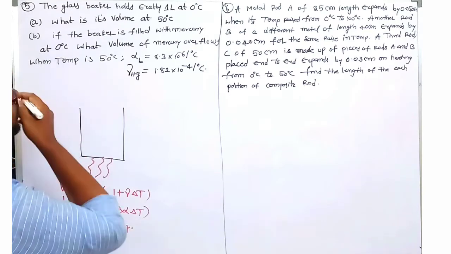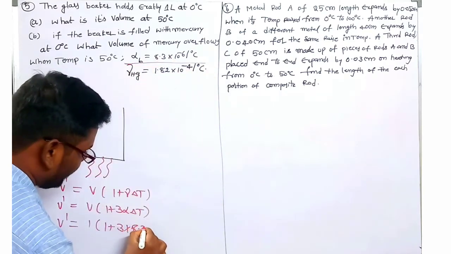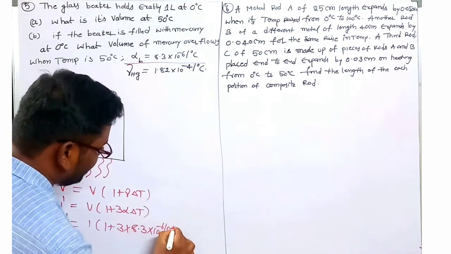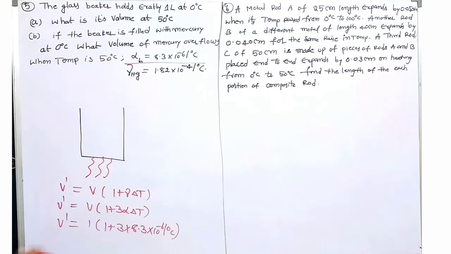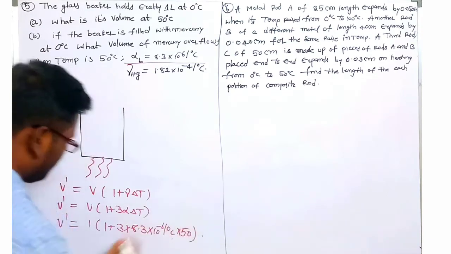So now V dash is equal to 1 liter into 1 plus 3 into alpha. In the question itself they have given alpha as 8.3 into 10 to the power of minus 6 per degree Celsius, into delta T. Delta T is 50 minus 0, that is 50, right?